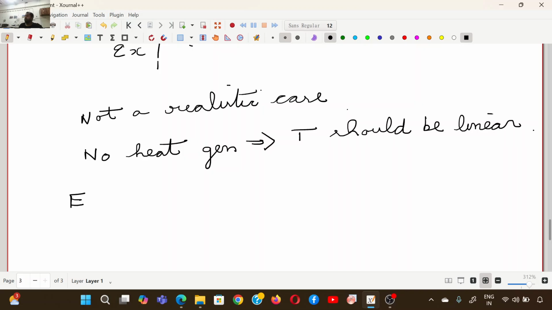So another thing is that for energy transport, we generally look at the enthalpy term, because enthalpy is a good representation of energy in chemical engineering.